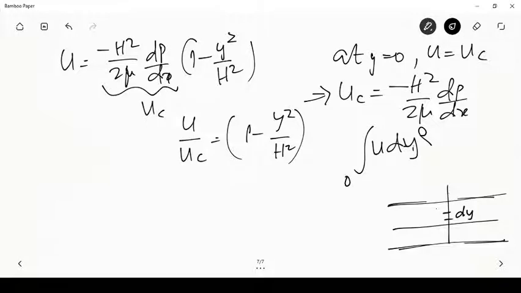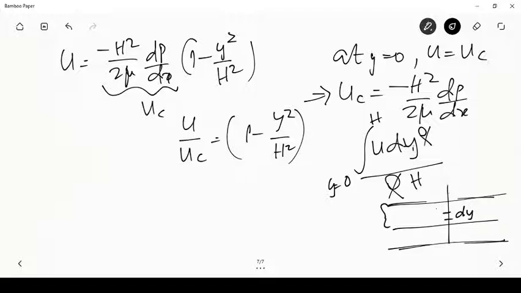If I integrate this from y equal to 0 to h, I get the mass flow rate that goes through the top half. And if I have to get the average velocity, I'll need to divide it by rho into the area of the top half, which is h multiplied by unity, so rho h. If rho is constant, this rho would simply get cancelled out.